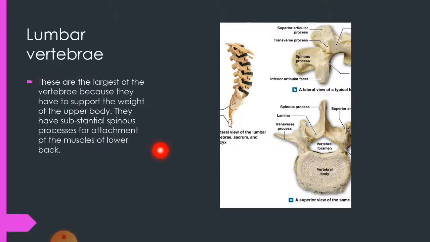Then comes the lumbar vertebrae. These are the largest of the vertebrae because they have to support the weight of the upper body. They have substantial spinous processes for the attachment of the muscles of the lower back. So they have the largest vertebral body compared to the other regions of the vertebral column.